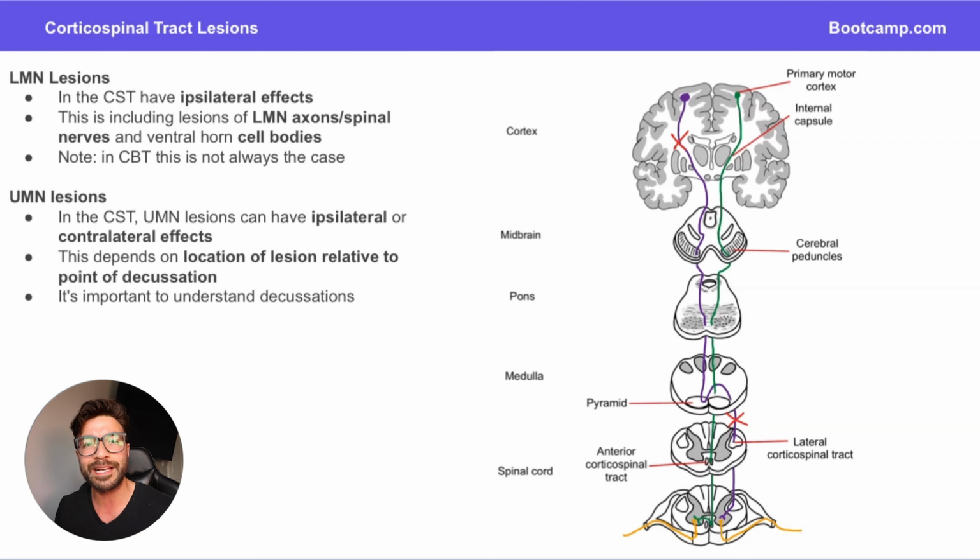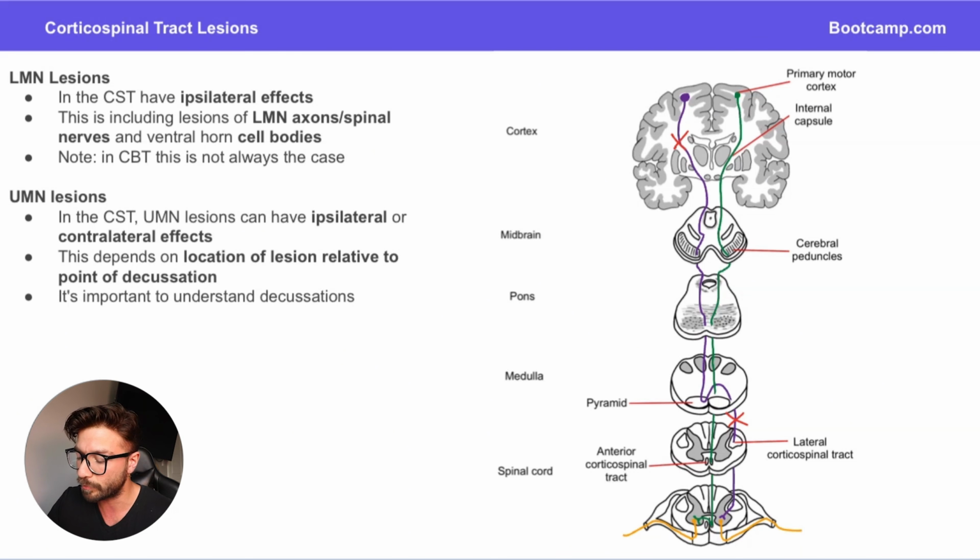When we're talking about the anterior corticospinal tract, it's kind of weird because the pathway stays ipsilateral the entire time and then it crosses over. So the majority of effects that you'll see with regards to the anterior corticospinal pathway are going to be contralateral because we always have the point of decussation at the level of the spinal cord.